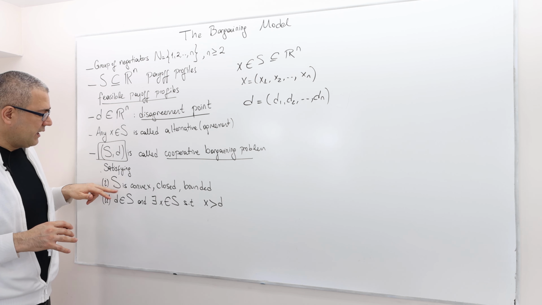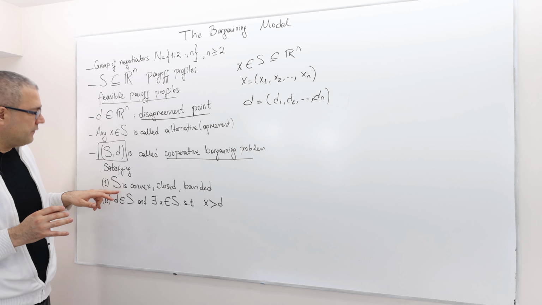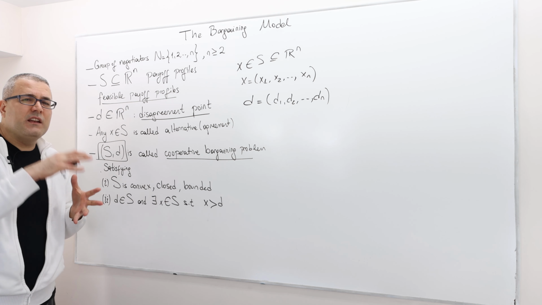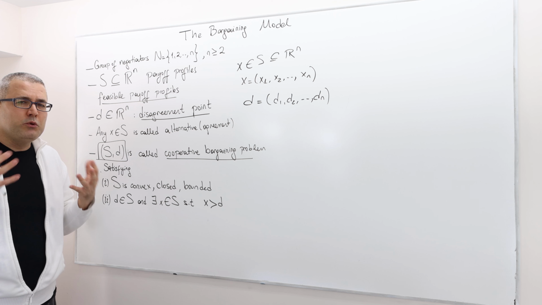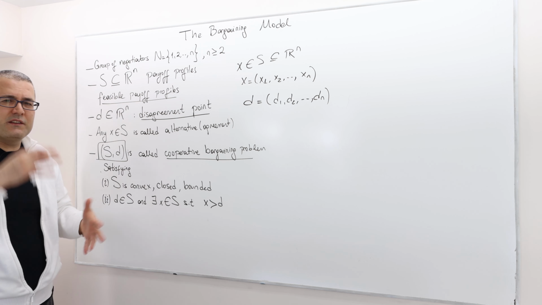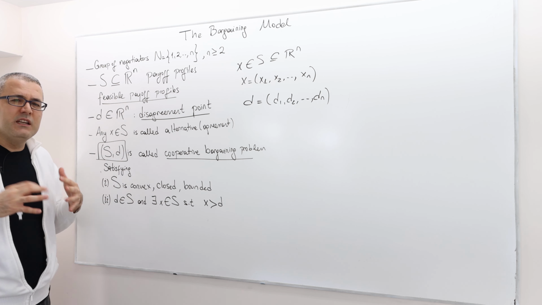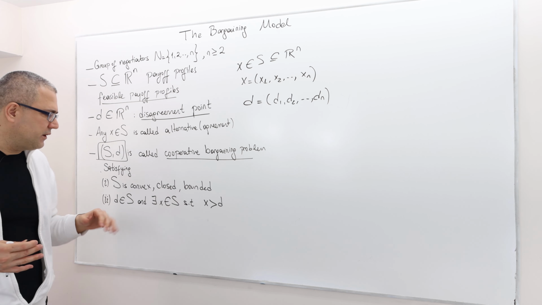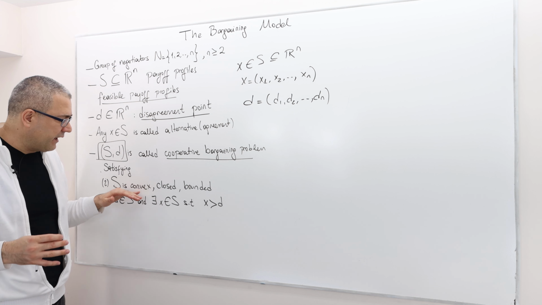The first one is that the set of feasible payoff profiles, S, is convex. So it has a nice shape. It has a smooth surface in a sense. It doesn't have a weird shape. Convexity is very handy whenever we do some sort of optimization. All right, so it's convex.